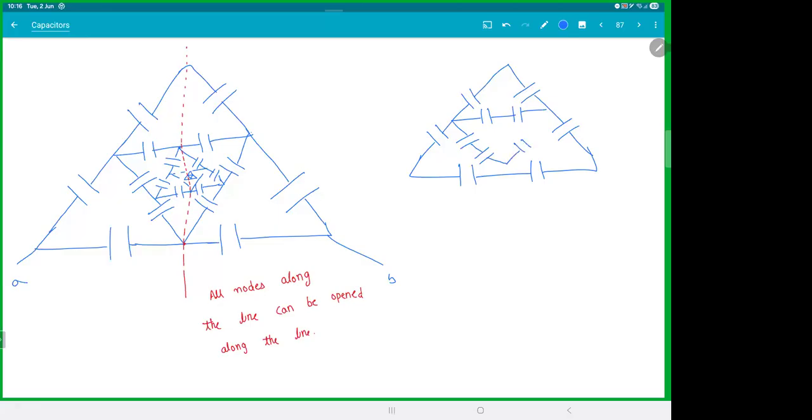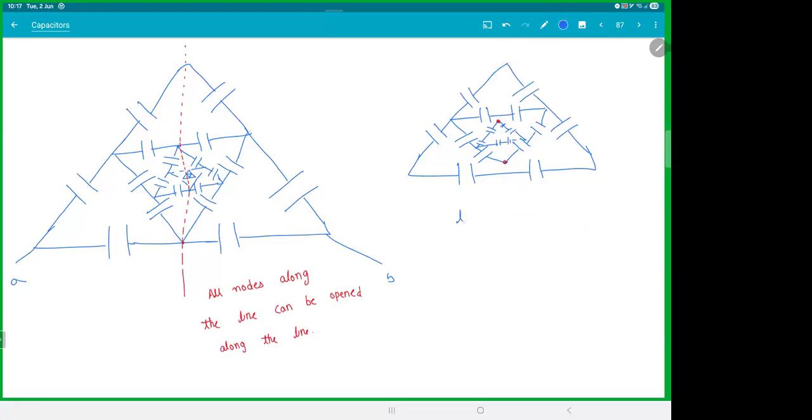Because the node can be opened up, you can just draw it like this. So there, now it is hanging in air, right? And this also will be hanging in air. And so on. So all these nodes will open up now. Is that clear? Because of the bisector symmetry, you can open the nodes. And then now you will say, let CAB be equal to X. That means you can replace this whole circuit like this.